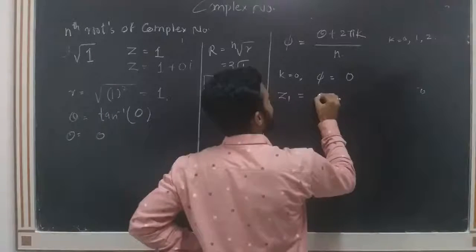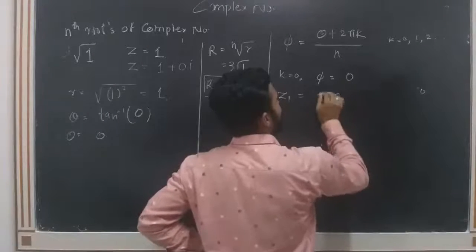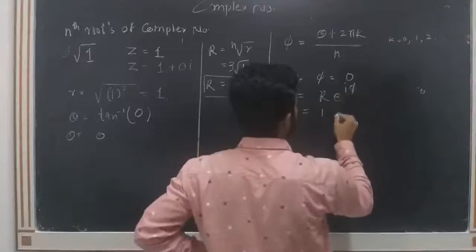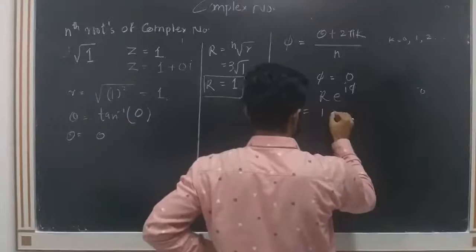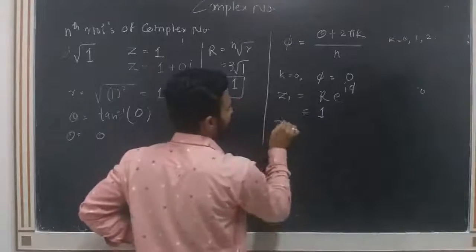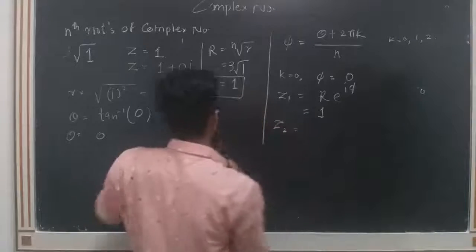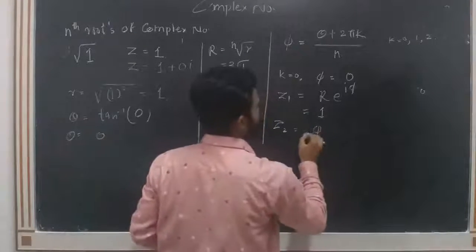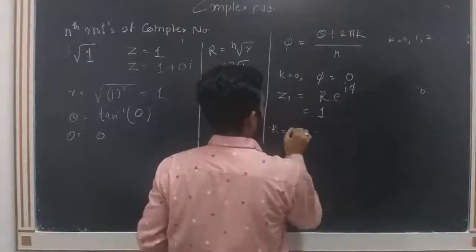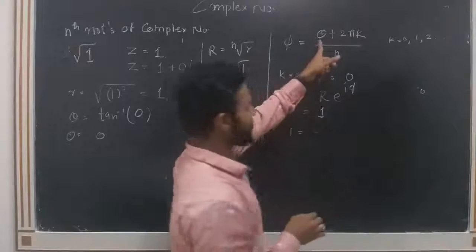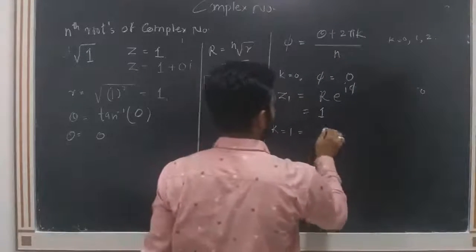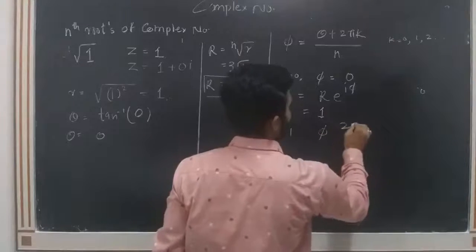So the first root is capital R e raised to i phi. What is R? 1. E raised to i phi? Yes, 0. E raised to 0 is 1. So the first root is 1. Second root, for R equal to 1, and k equal to 1, theta is 0, so 2 pi by 3. So phi is equal to 2 pi by 3.